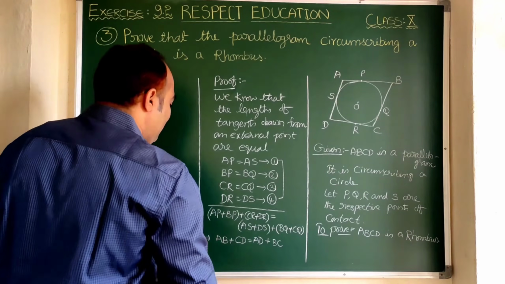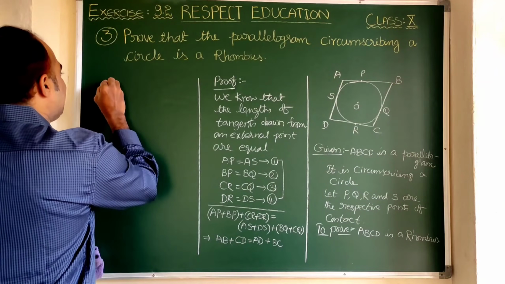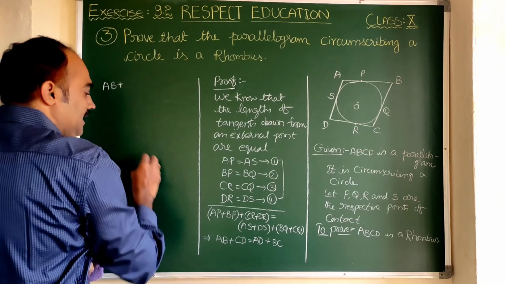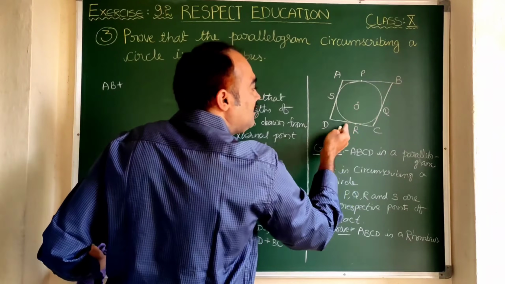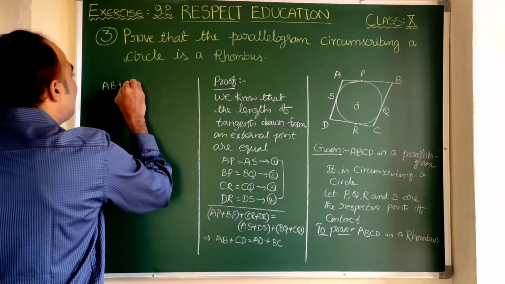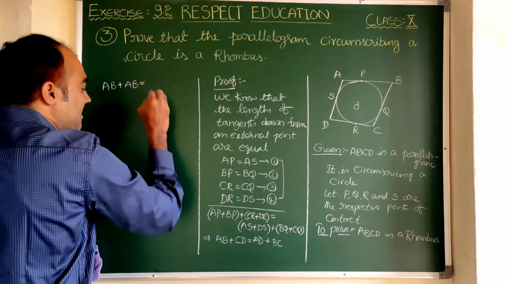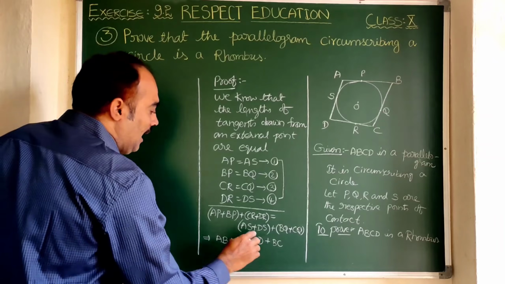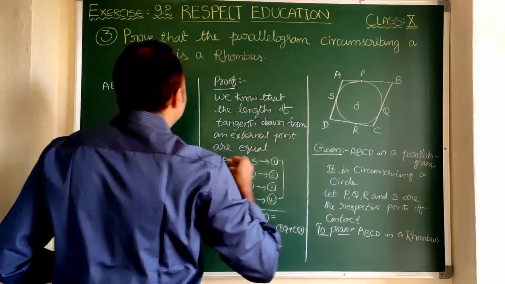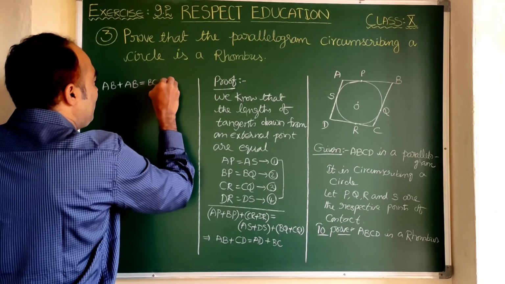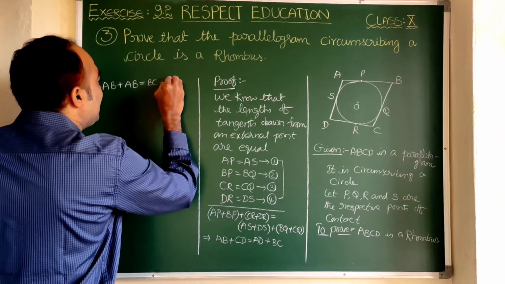So here I would like to write AB as it is, plus in place of CD, I am writing AB again because these two are equal. I am writing here AD in place of AD, I am writing BC. So here BC plus BC, that I am writing as it is.